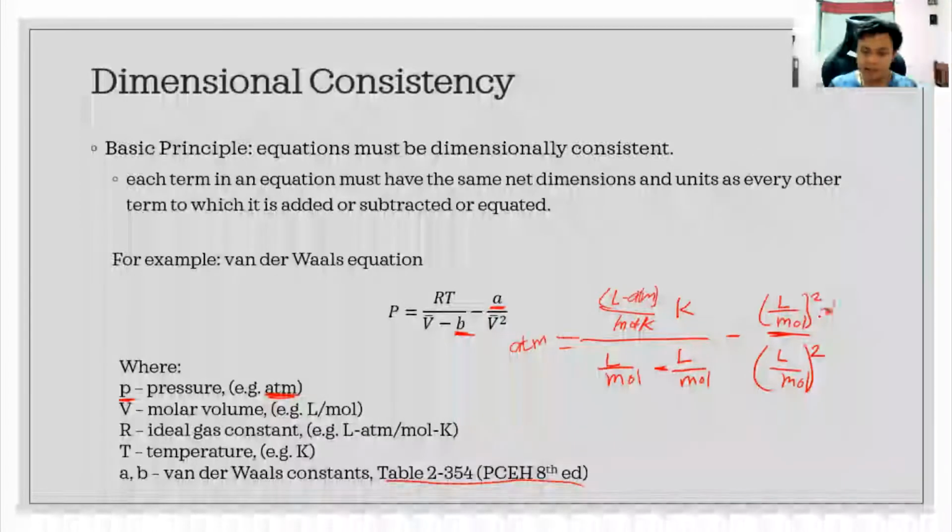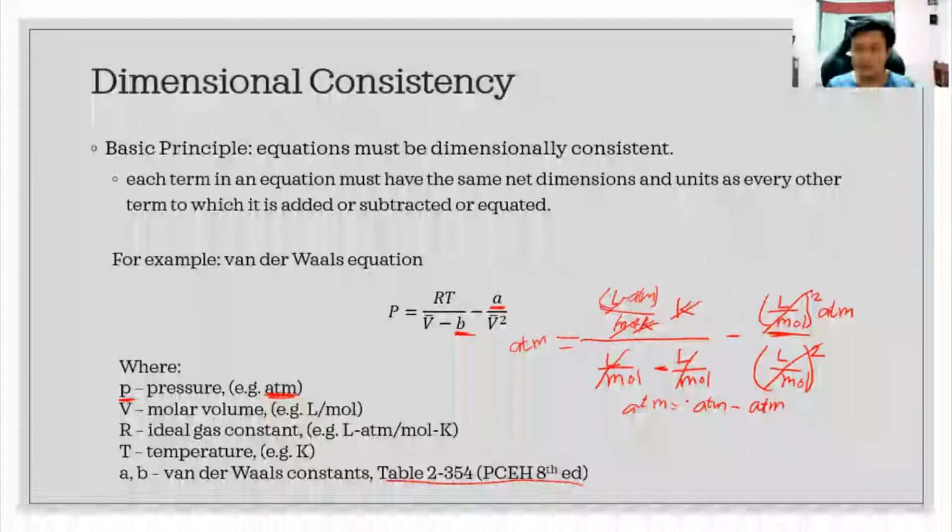If you cancel the units, the liters per mole will be cancelled, these will be cancelled also, giving us the units of atm, and atm minus atm. So that's what it meant by having dimensional consistency.